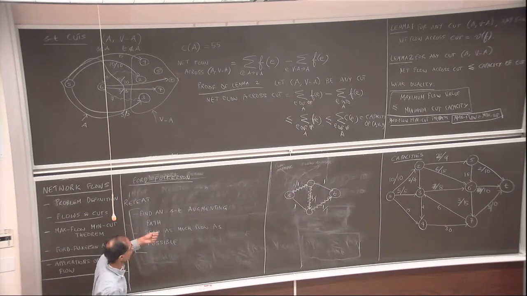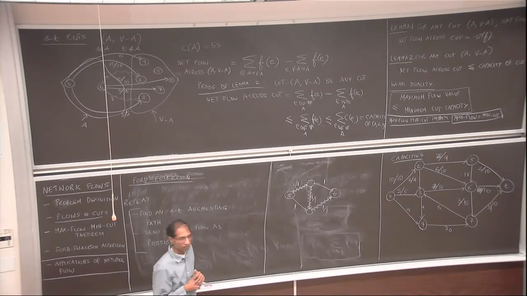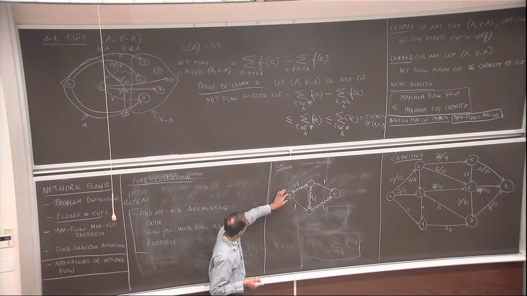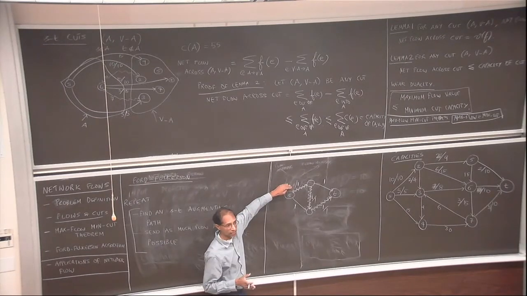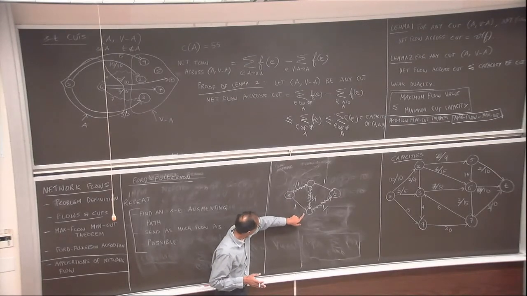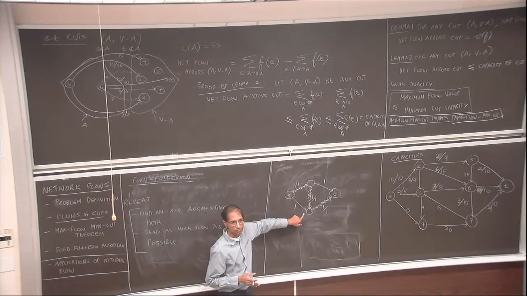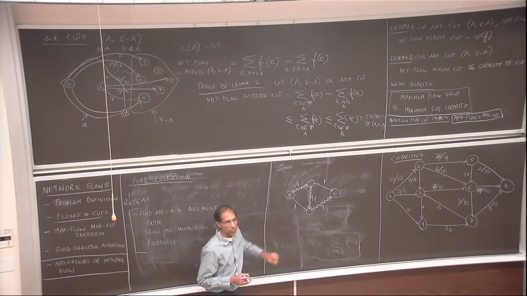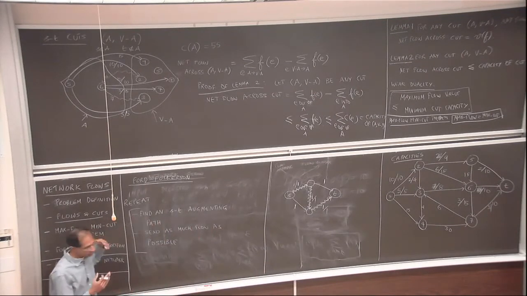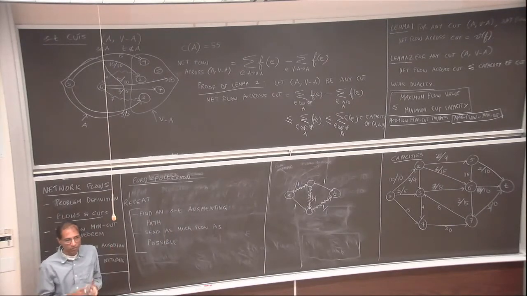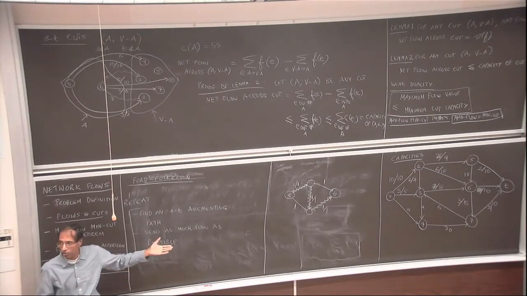I come back here and find another flow path. From S, this edge is completely taken, so I cannot use that, so I'm left with this. I send a unit of flow here, but then I find that there is nothing more I can do. So clearly this greedy-ish algorithm that we came up with is flawed. It cannot find the maximum flow, because we see for sure that you can send 2 units of flow.